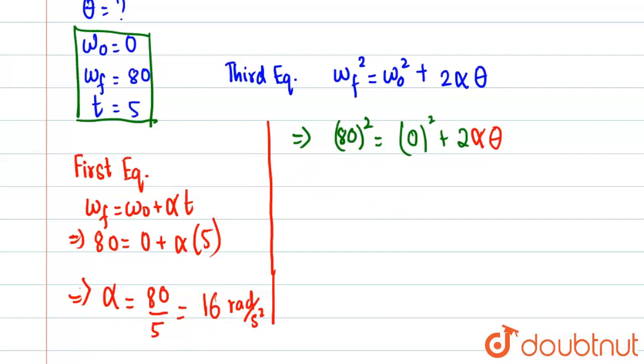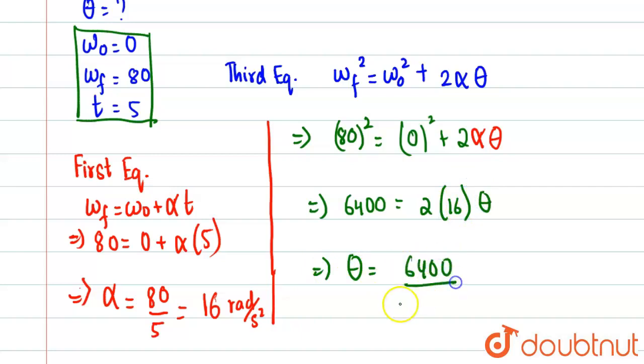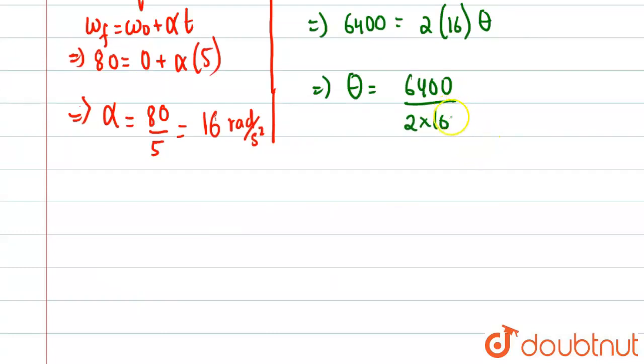So now we'll put the value of alpha over here. We'll have 80 square, which is 6400, equal to 2 into alpha, which is 16, into theta. So theta will come out to be 6400 divided by 2 into 16. Theta will come in radians only, because everything we did was in radians.